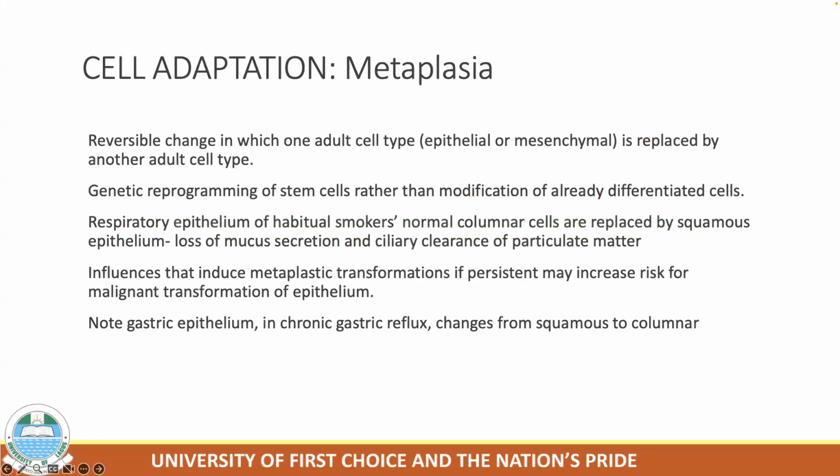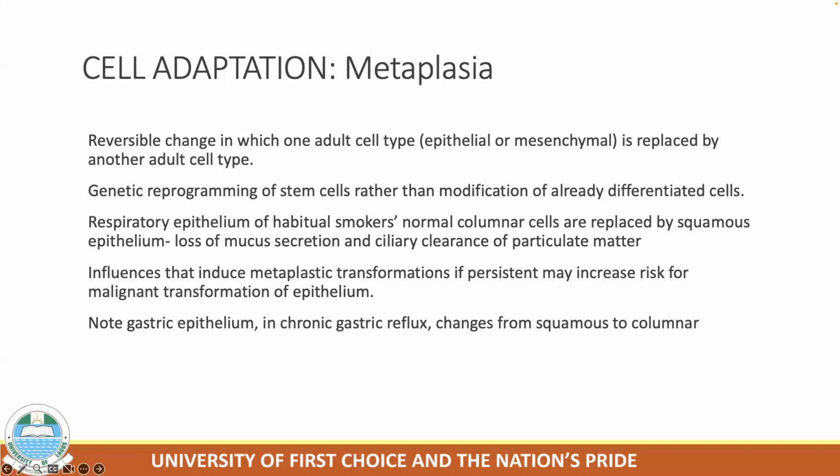It's a reversible change in which one adult cell type, an epithelial or mesenchymal, this is where it's commonly seen, right? Epithelial cells being replaced by a mesenchymal cell, or mesenchymal being replaced by an epithelial cell.